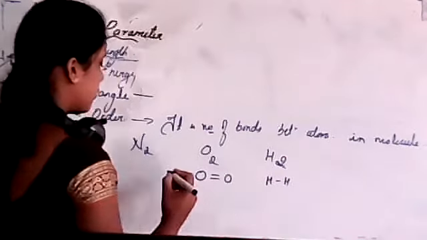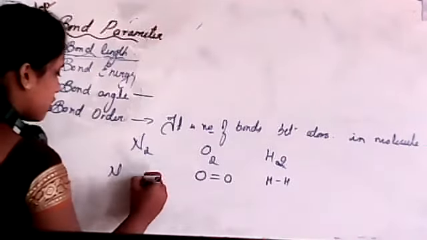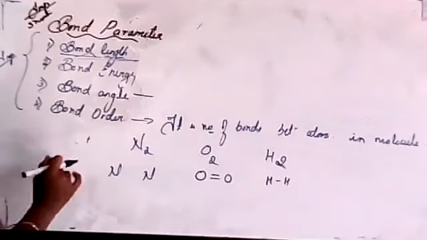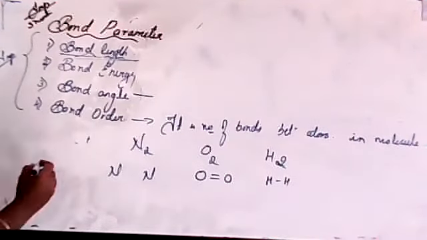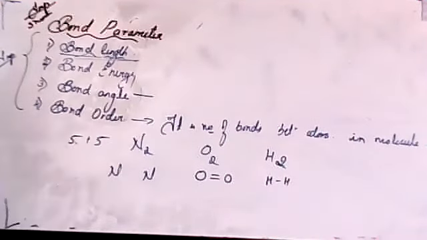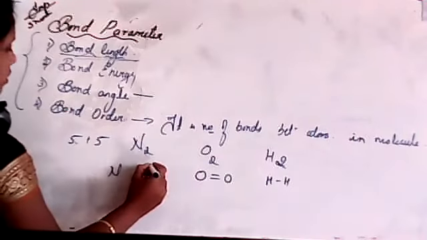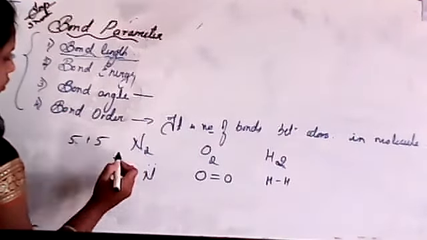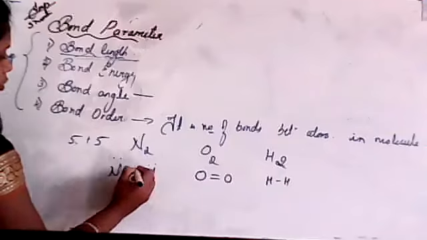For nitrogen, we'll write the Lewis dot structure. Total number of electrons, 5 plus 5.